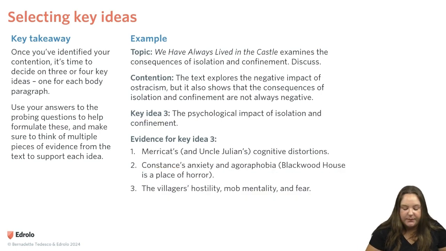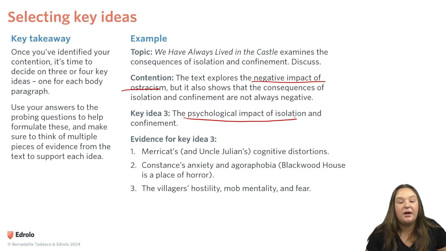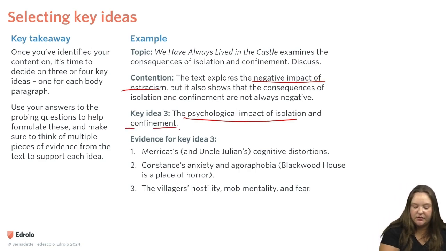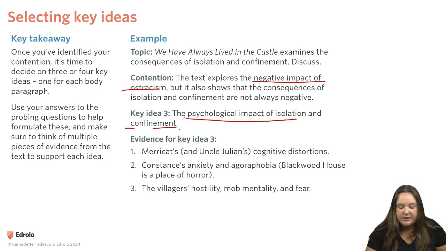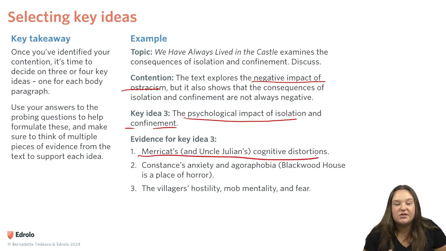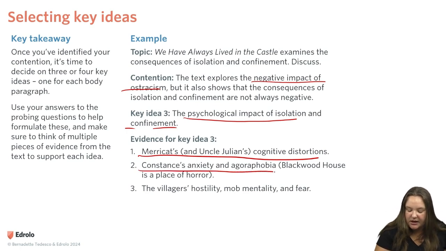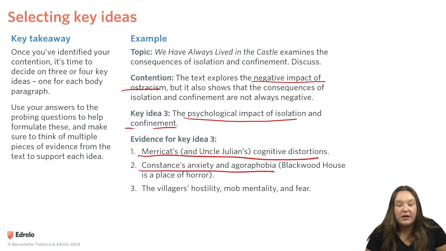And the third idea is the psychological impact of isolation and confinement. So I'm looking at the negative impact of ostracism by looking at the psychological impact of their isolation and confinement. So I look at the psychological impact of Merricat's cognitive distortions, the way she twists the truth to fit the circumstances that they're living in. We have Constance's anxiety and her agoraphobia.